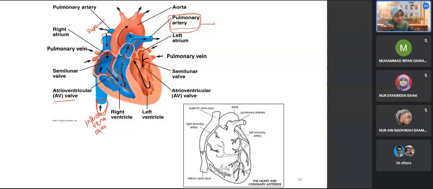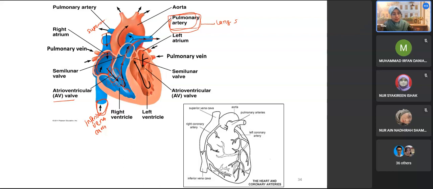The pulmonary artery branches to the left and to the right, so that it conveys blood to both sides of your lungs. We have the right lung and also the left lung, so you see that the pulmonary artery diverges into two branches, the left side and the right side of the lung.